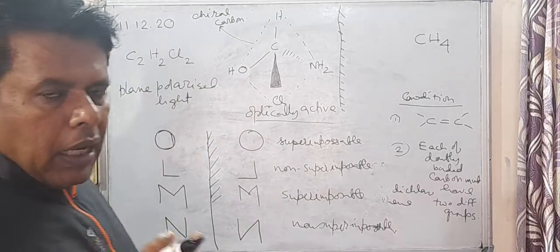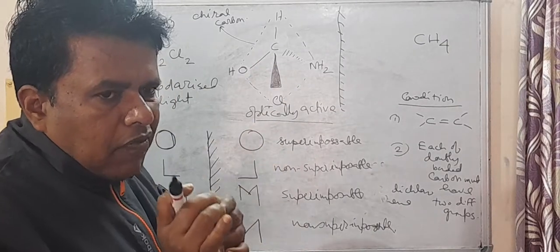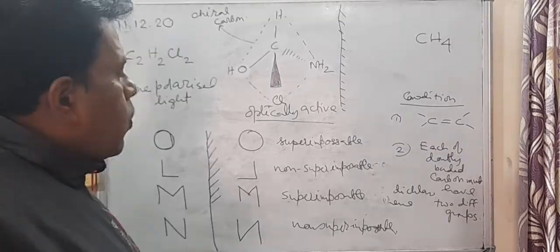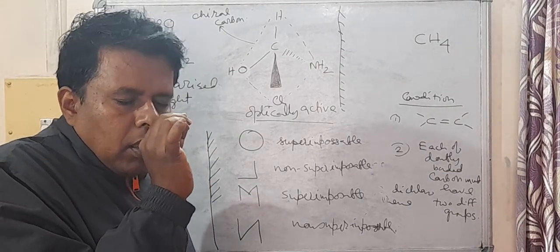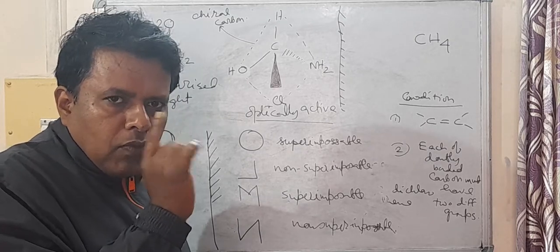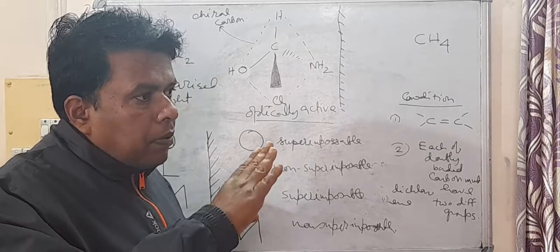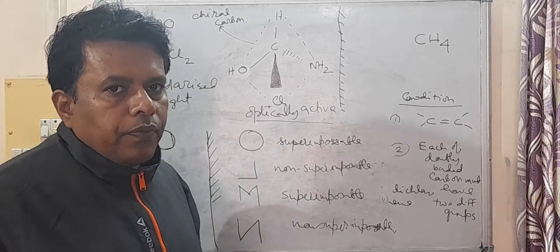If we pass plane polarized light through this compound kept in the cavity inside a polarimeter, then if we see it through a portion, with one eye, we will see that the plane polarized light gets deflected.